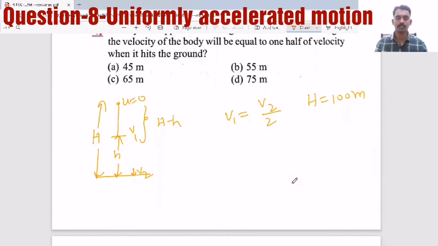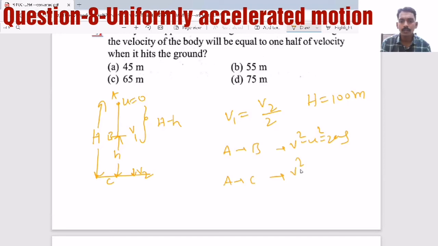So how can we calculate this? Let's take this point A, this point B, this point C. From A to B, you can apply V square minus U square equal to 2AS. Similarly, from A to C, you can apply V square minus U square equal to 2AS.